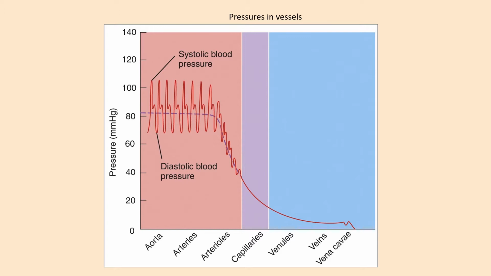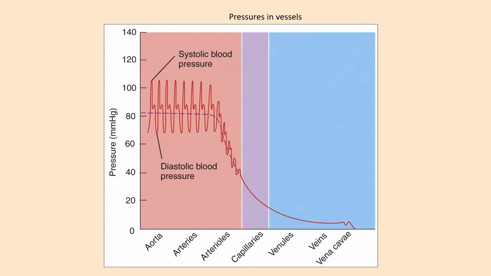So we can focus on that purple line and then the continuation of that line through the capillaries, the venules, and the veins. So we can see that there's this continuous pressure gradient throughout the cardiovascular system. As blood travels away from the heart, from the aorta, through arterioles, through the capillaries, into veins, it follows a pressure gradient.